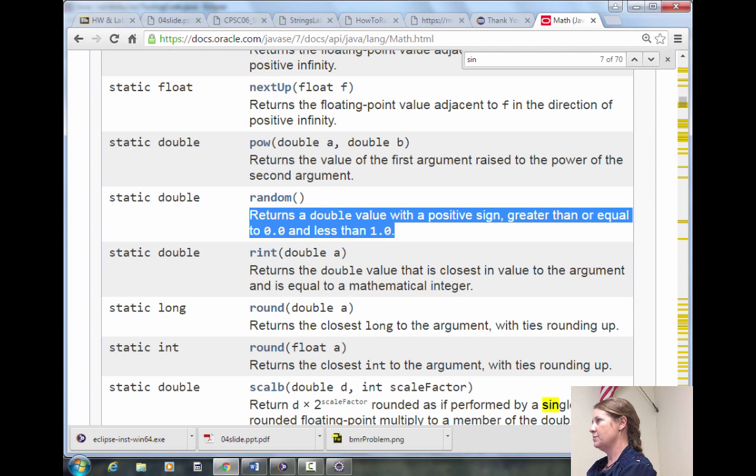I'm taking this double number and I'm converting, or changing, it to an integer. In other words, it's going to lop off all the decimal places for me. So the multiplication by 10 moves the decimal place over once, and then changing it to an integer gets rid of all the rest of the decimals.